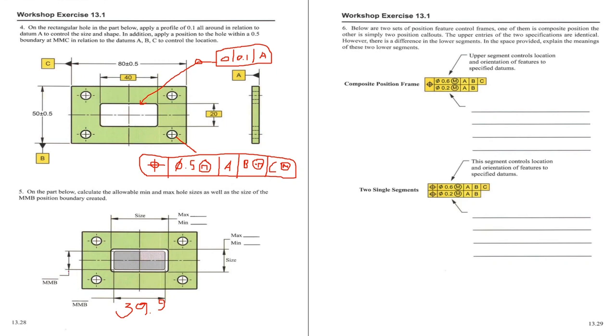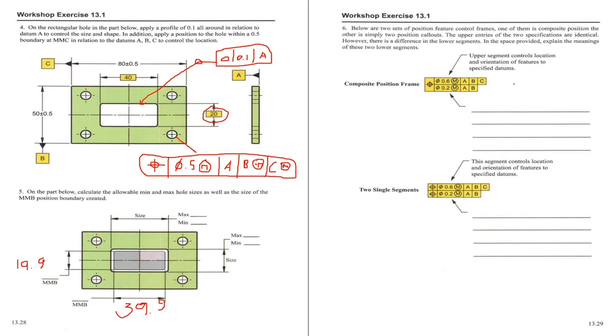And on this side, the size is given, which is 20. So from 20, we will subtract the same 0.1. So 20 minus 0.1, this MMB is 19.9.